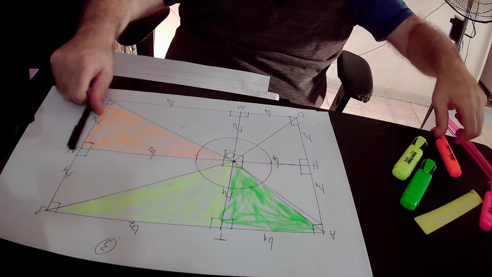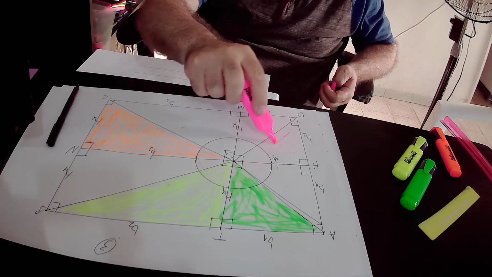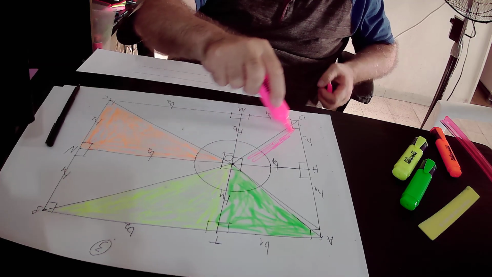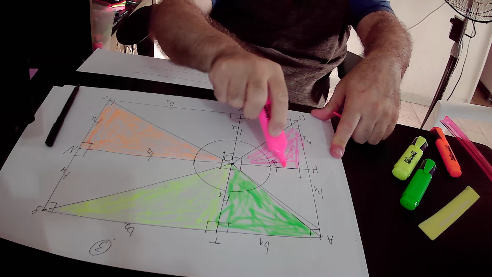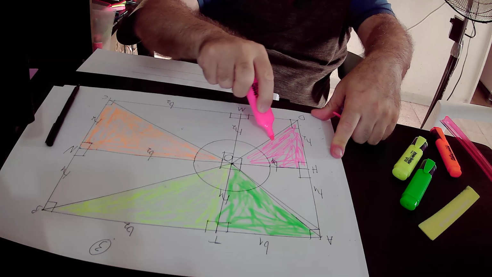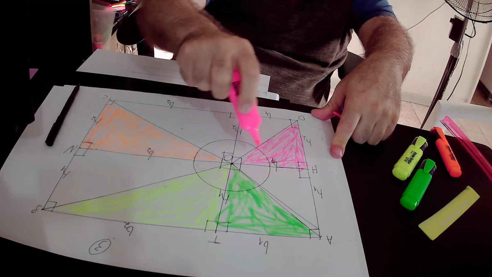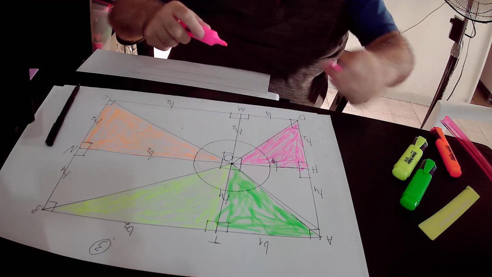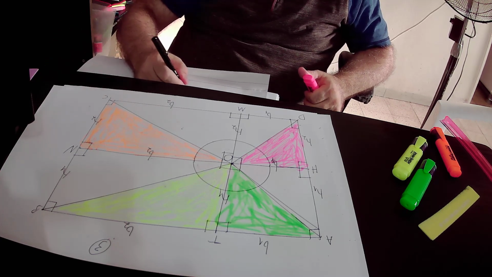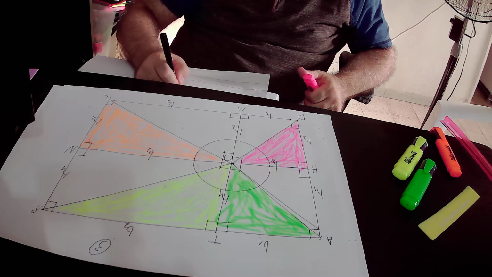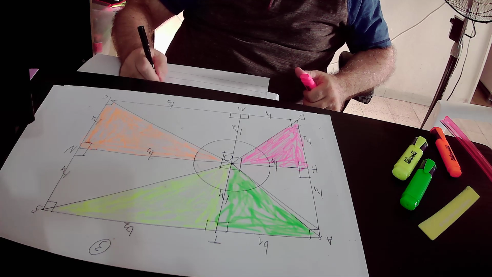And we'll implement the Pythagoras theorem on the right pink triangle, triangle HDO. According to the Pythagoras theorem, on the right pink triangle, triangle HDO, DO square equals B1 square plus H2 square.